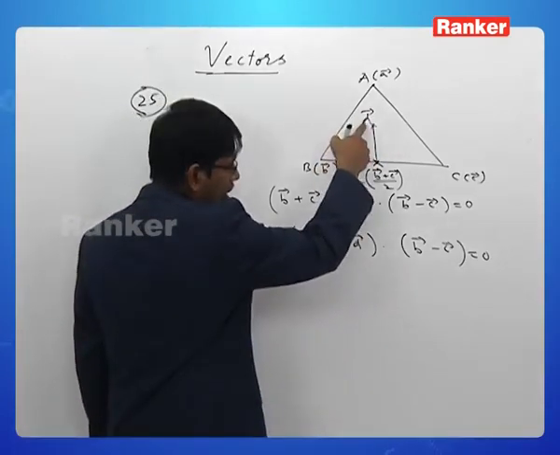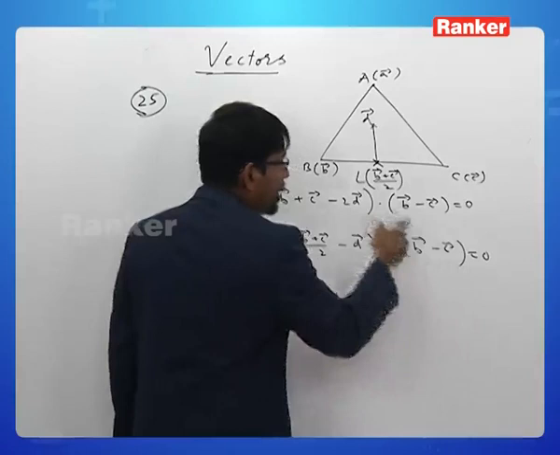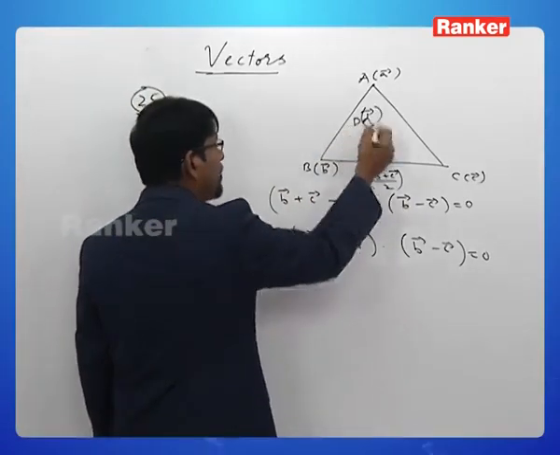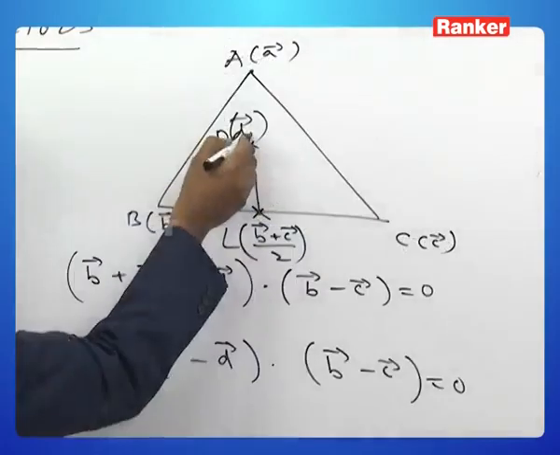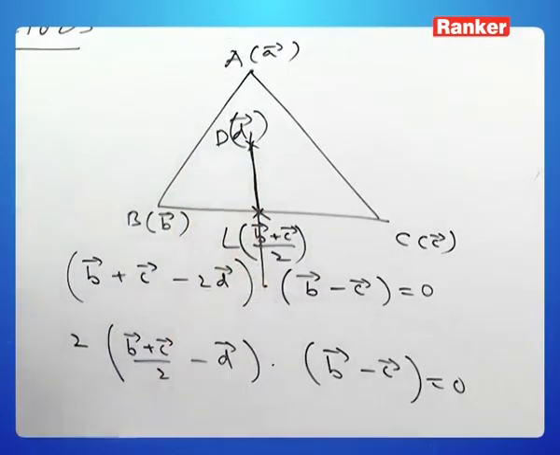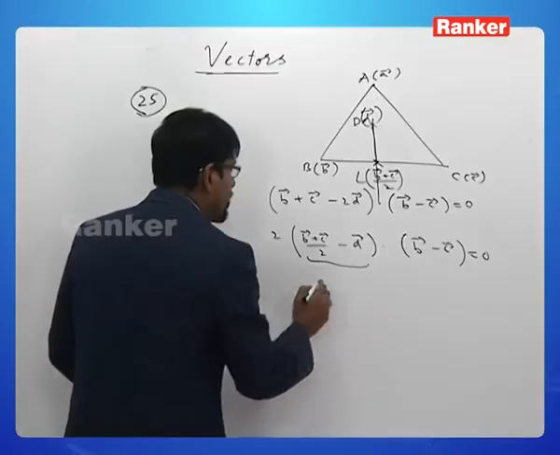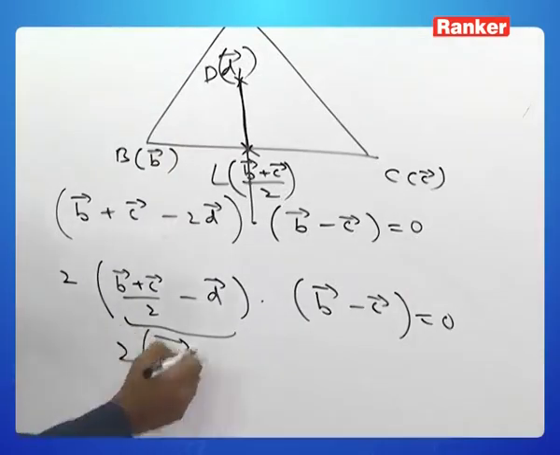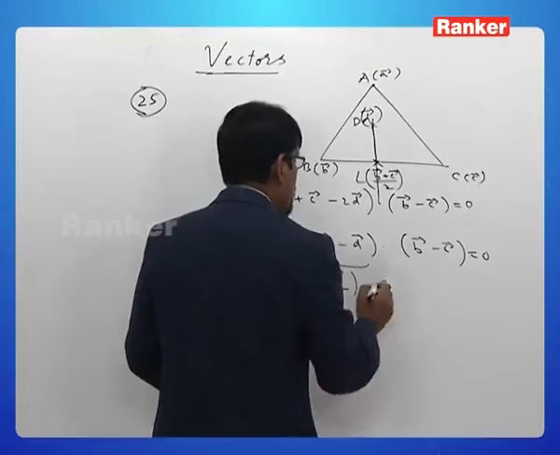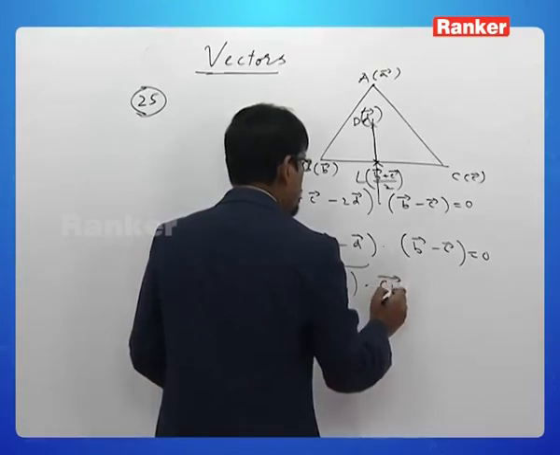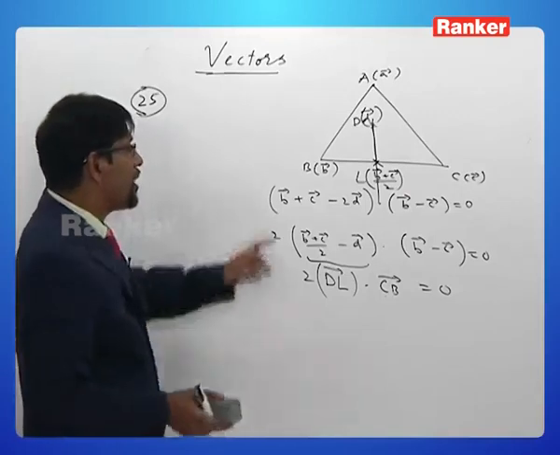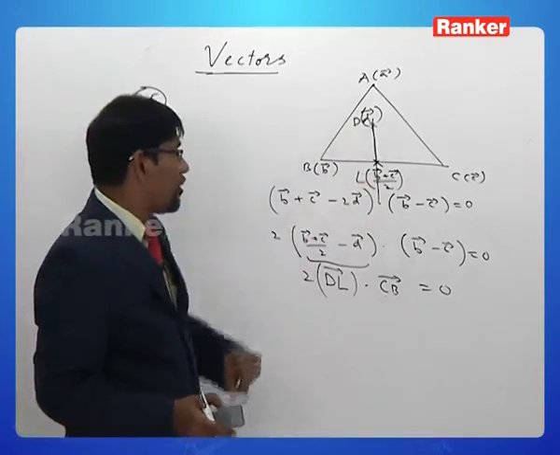We observe that DL vector is perpendicular to BC vector. So this is the point D. That means our point D must have been on the perpendicular bisector of BC. This is the vector 2 times DL dot CB vector, that is 0. So what does it mean? D must be a point on the perpendicular bisector of BC.